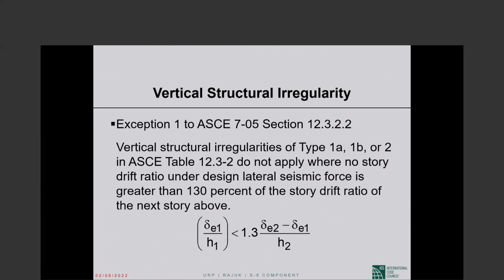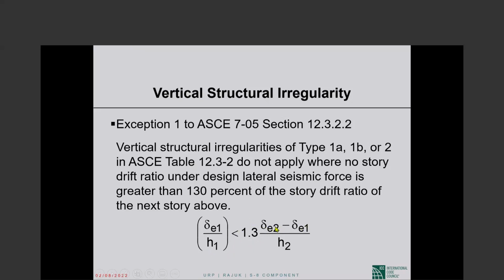Now, the exception that I mentioned: vertical structural 1A, 1B, 2 do not apply when no story drift ratio under... So what it means is that delta sub E1 over H1, where delta sub E is the elastically computed deflection at floor level 1 divided by height to floor level 1, is less than 130% of the interstory drift of the story above.